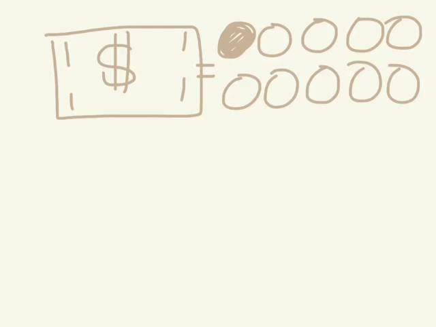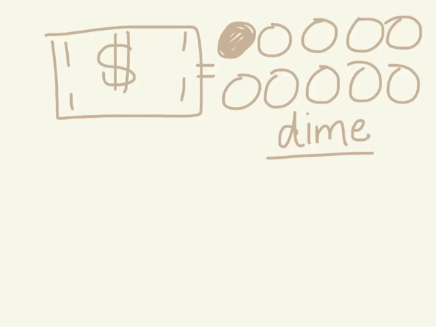So this dollar is equal to 10 of a certain coin. If you know what coin that is, I want you to write it on your recording document. What coin is there that if you have 10 of them, you have a dollar? That is the dime. The dime.